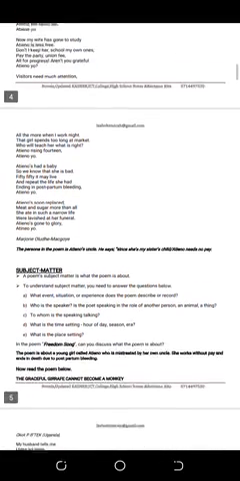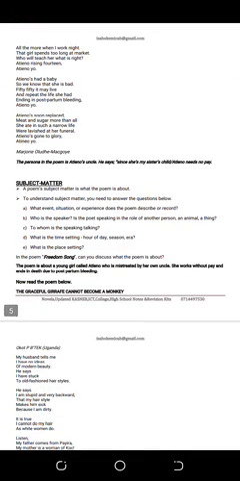Now let's move on to the next, where we have subject matter. When you talk about subject matter, it simply talks about what the poem is all about.